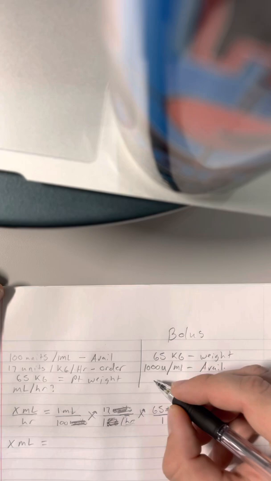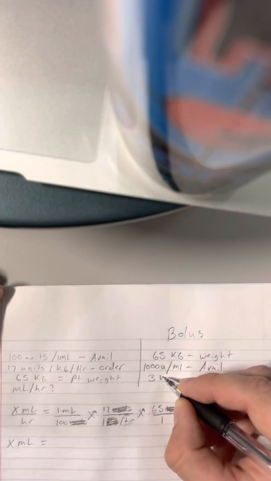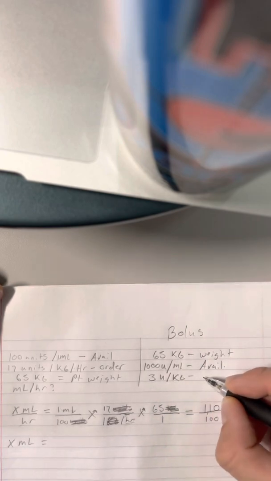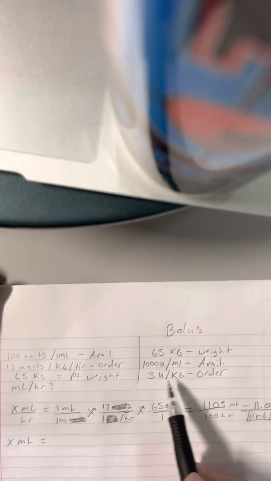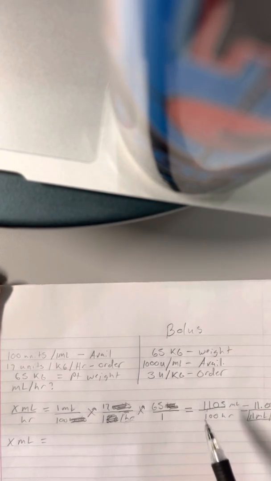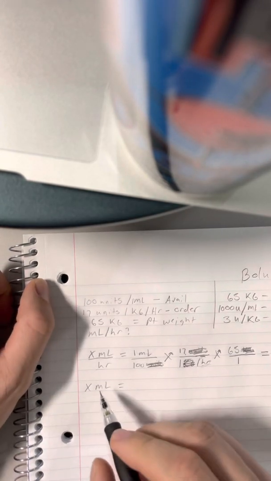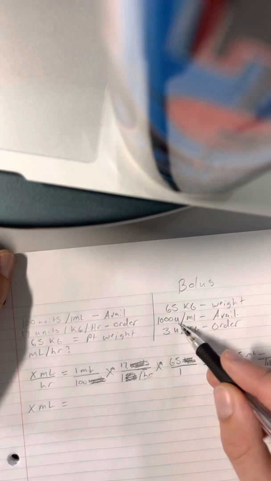And the order is to give 3 units per kilogram. So again, we're always setting all this stuff up so we have a reference. But since we have the milliliters right here, we're going to find where we have the milliliters up here at the very top, and that's right there.